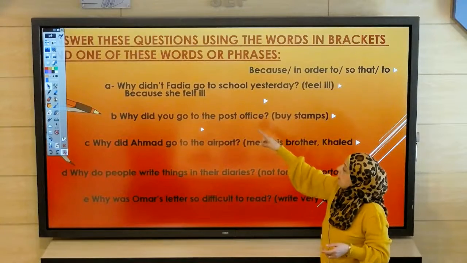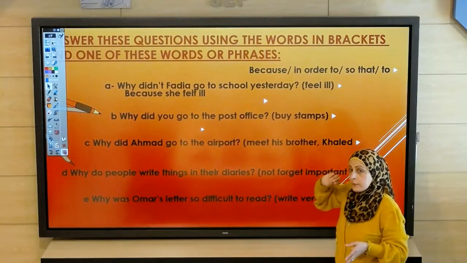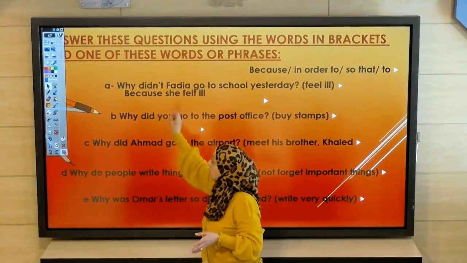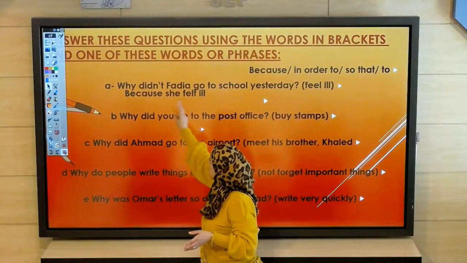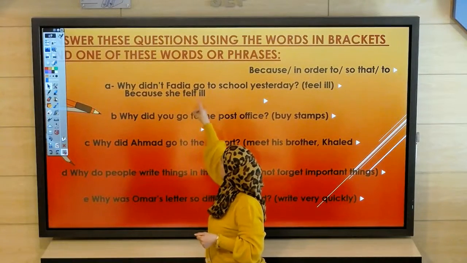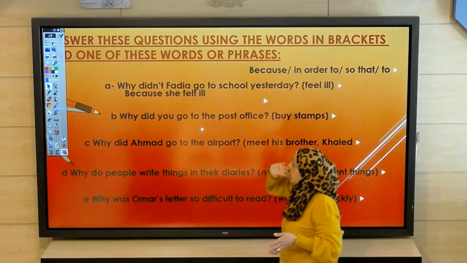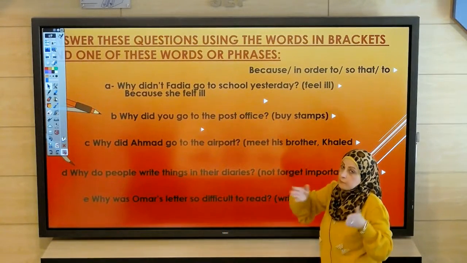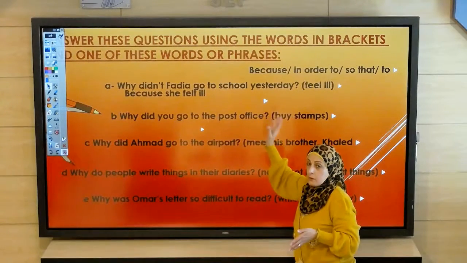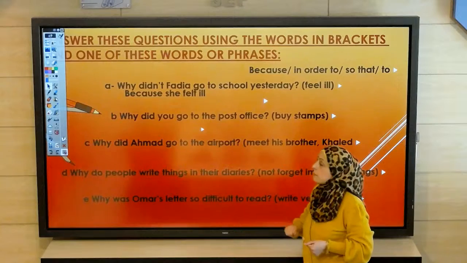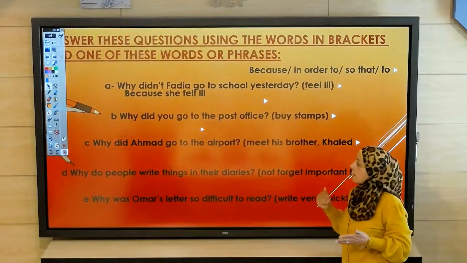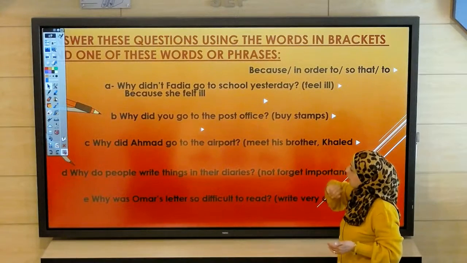Because she felt ill. So students in the exam should complete the sentence with the clause. Notice here, the first part of the sentence is in the past, so my answer should be in the past tense. So Fadia didn't go to school yesterday because she felt ill.